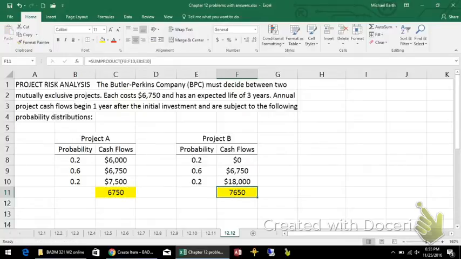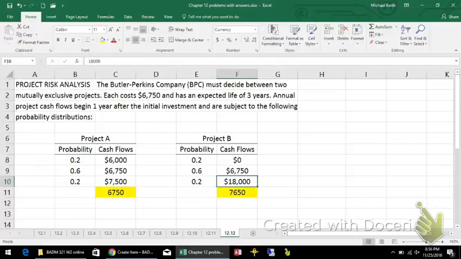Notice Project B has a higher average return, and that's because it's got a higher upside potential. With this one, it could go down 750 or up 750, so the average is 67.50. Here it can go down 67.50, but it could also go up a little over $12,000.